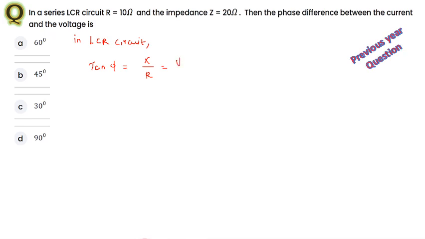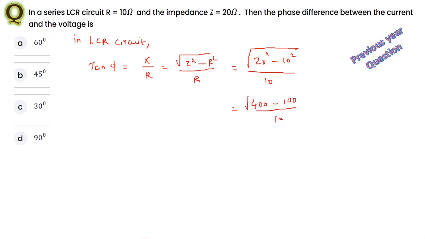So this X value here is square root of Z square minus R square, whole divided by R. So the Z value they have given here is 20, so 20 square minus R square, here 10 square, square root whole divided by R value, again 10 here. See, 20 square here is 400, 10 square here is 100. So from this, whole divided by 10, you just take a root over here. So this is about root of 300, whole divided by 10.